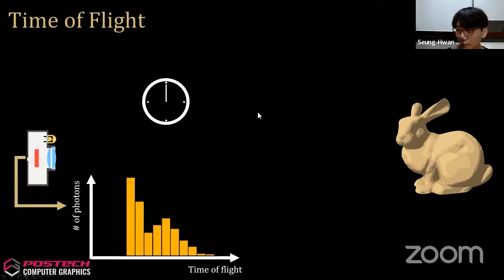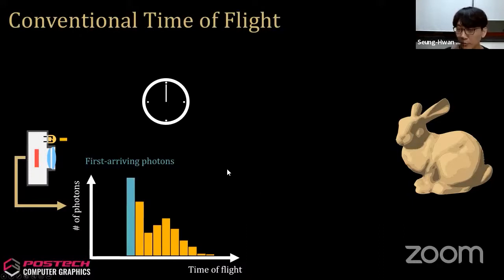But in the real world, if we have the real bunny here, even though we emit the light photons in a small period of time, when they reflect back to the camera, we suddenly have photons with many different times of flight, just because there are numerous light paths happening in the interaction of light with this real object. And that generates this long-tail histogram of detected light photons with different times of flight.